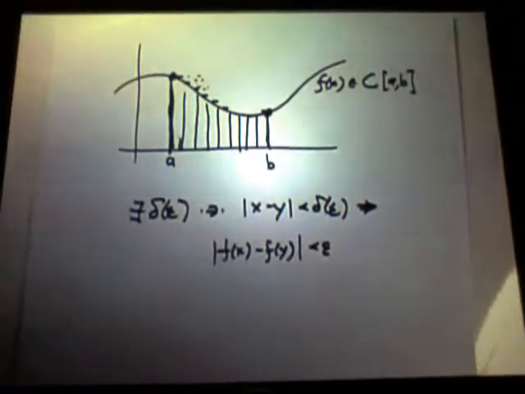So if I stay less than a fixed delta all the way from a to b, the function will never vary on a subinterval more than epsilon. I could not do that if I didn't know it was uniformly continuous. Just continuity would give me a delta for each subinterval, and in principle I might have to take the sup or inf of those, and I wouldn't be able to control it. So that's the theoretical foundation for defining the integral.